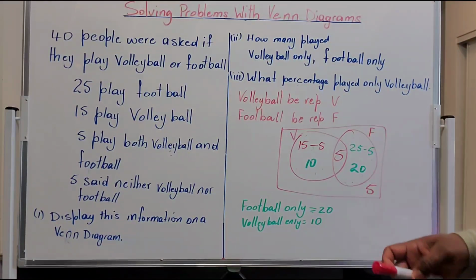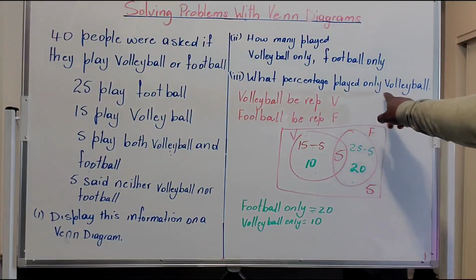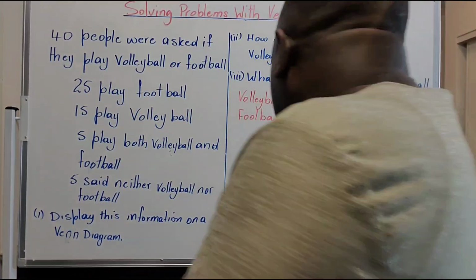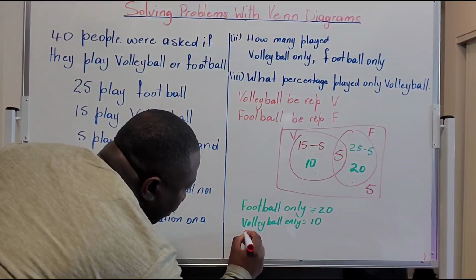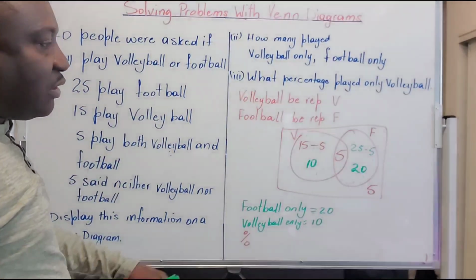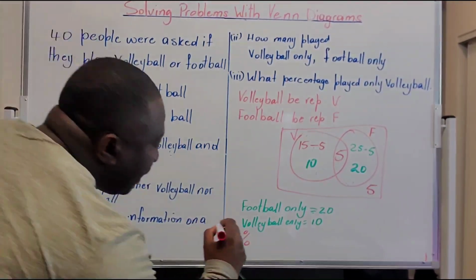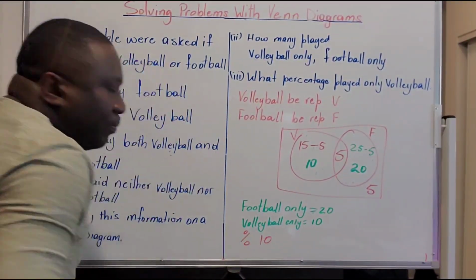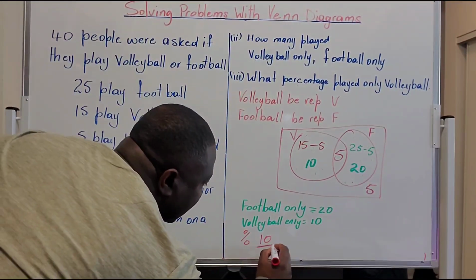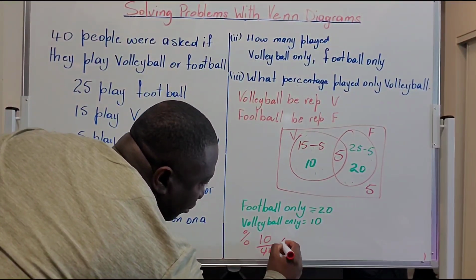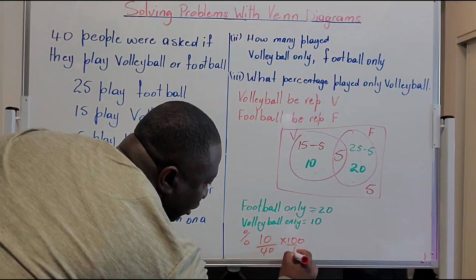The next question is, what percentage played volleyball only? So in terms of percentage, we are looking at volleyball only, which would be 10 all over the total, which is 40 participants, and we multiply by 100.